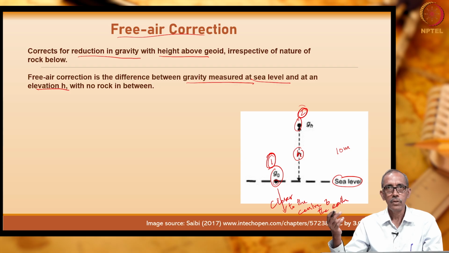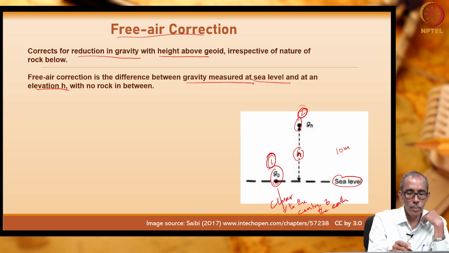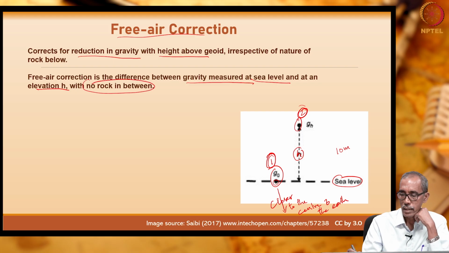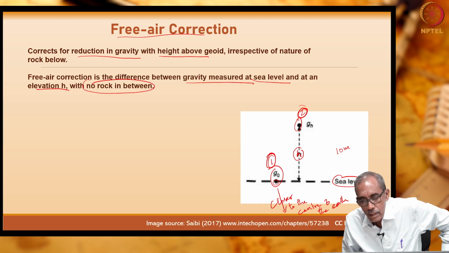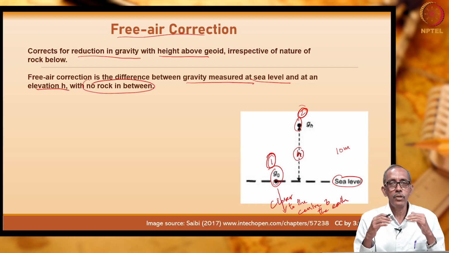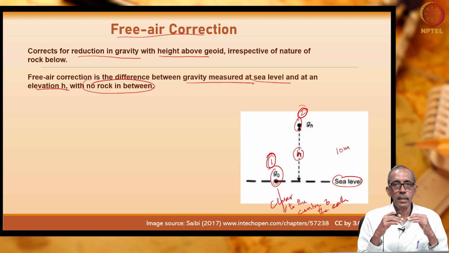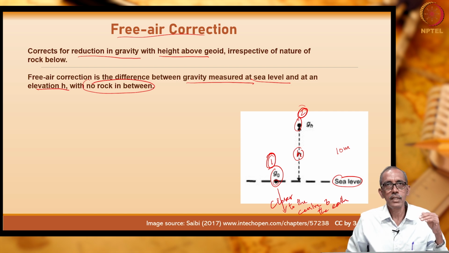Now, we are going to eliminate the elevation difference. How? By assuming there was no rock present between these two stations. That assumption is made here. Okay, that means what we are able to achieve? The elevation difference between them is removed, right. This is what is known as free air correction.